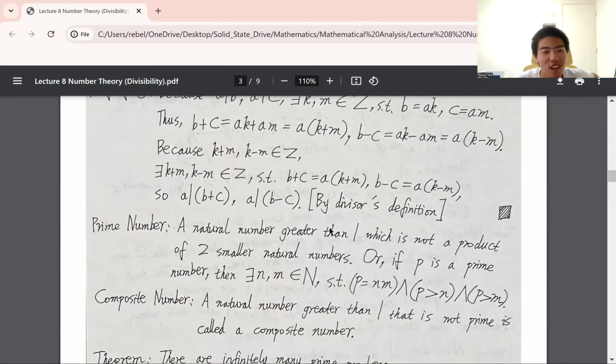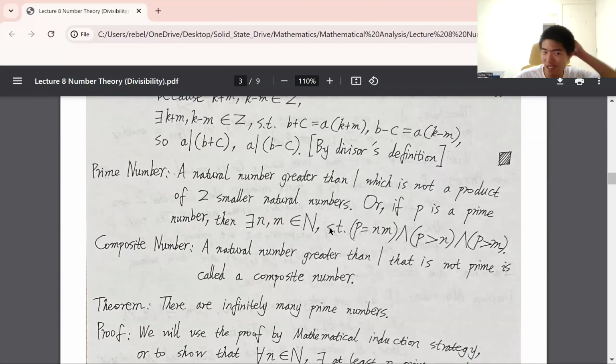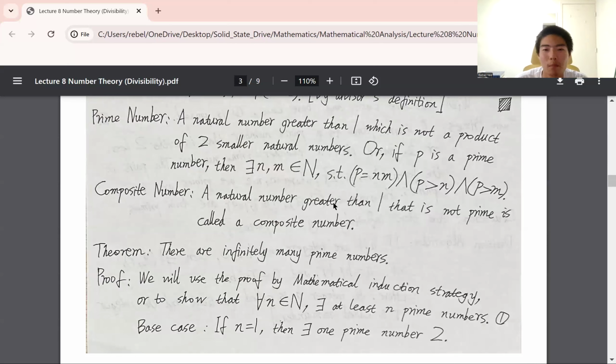Yeah. And the next topic is prime numbers and composite numbers. A prime number is defined as a natural number greater than 1, so it starts with 2, which is not a product of two smaller natural numbers.